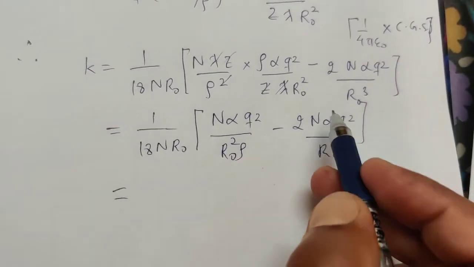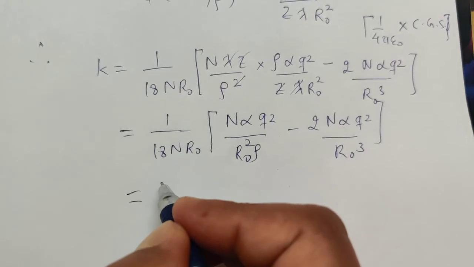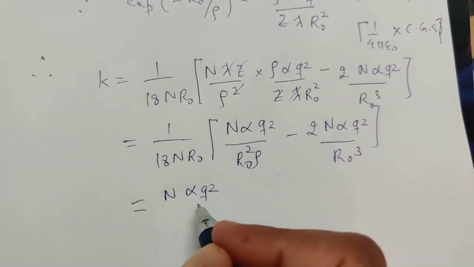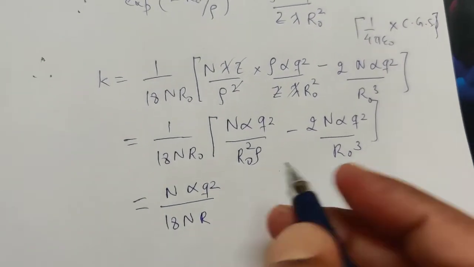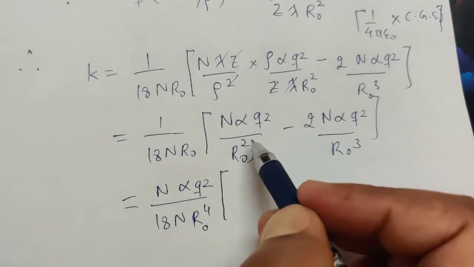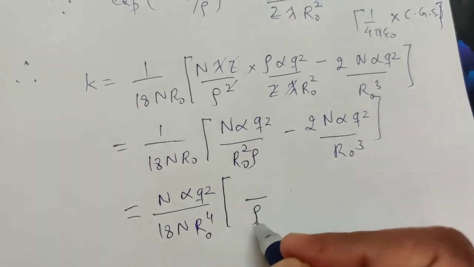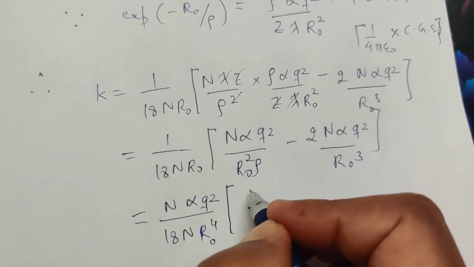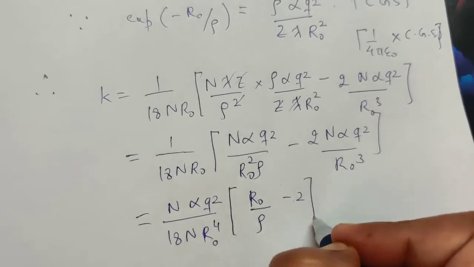So I am taking this whole factor as common, so you will have n alpha q square upon 18 n into r naught cube. This will be r naught to the 4, and this whole factor is here. This makes it a cube divided by r naught. So this will be here and this will be minus 2.